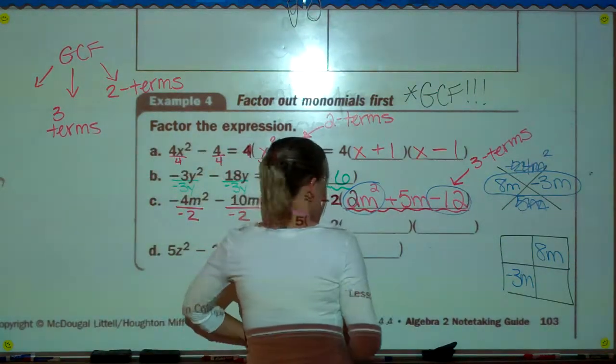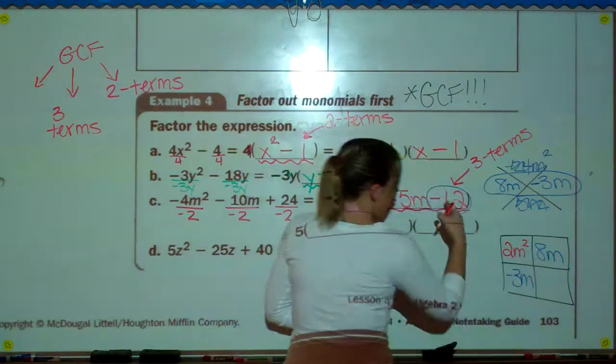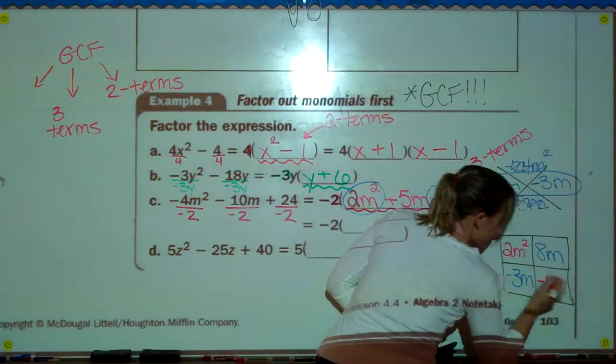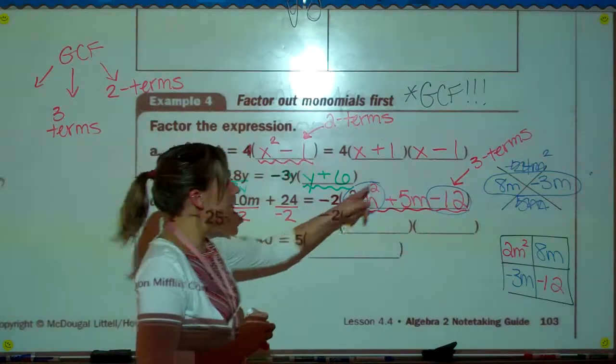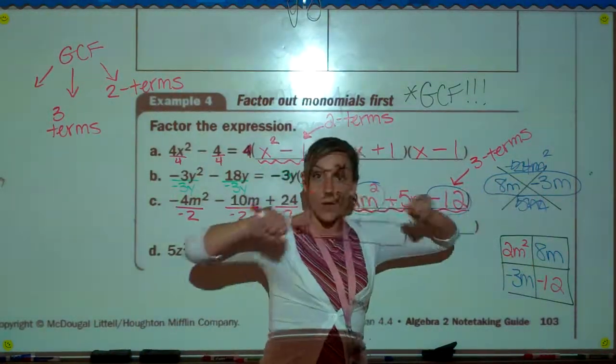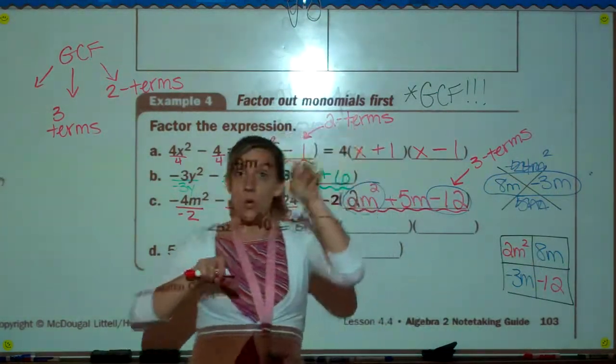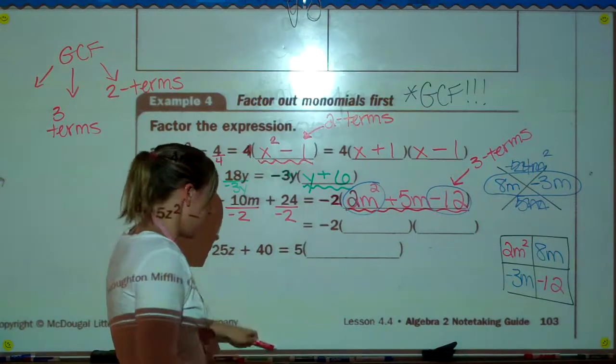So that would be 2m squared and negative 12. We broke apart the middle because those two need to go in each corner. Then we just GCF and we're done.